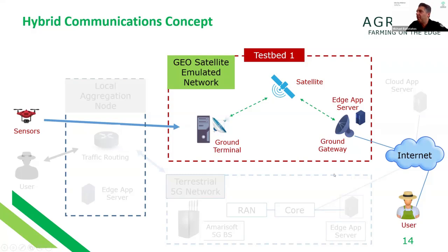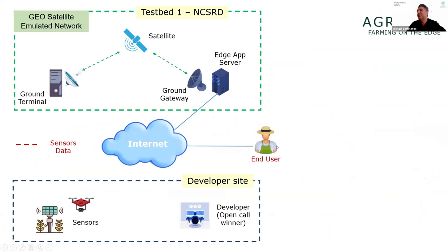So when you develop your application, finally, you will install it in this server, on this testbed. And you have to transmit the data from the field, from your sensors, to the ground terminal, and then we will get them and we will pass it through the satellite to the edge server. You can see that in the next picture.